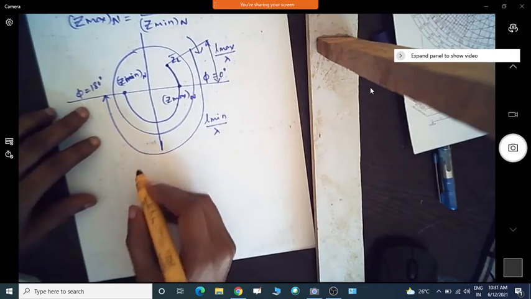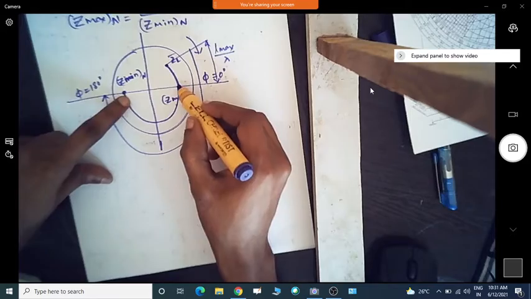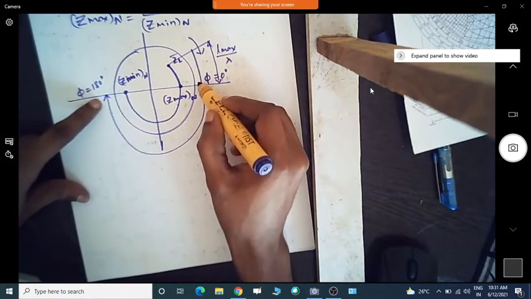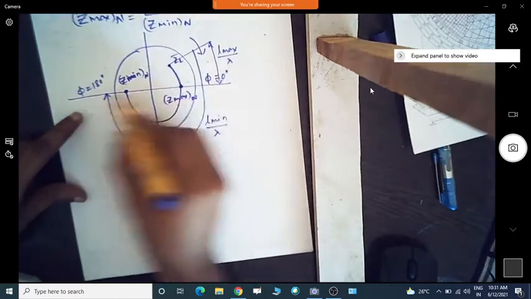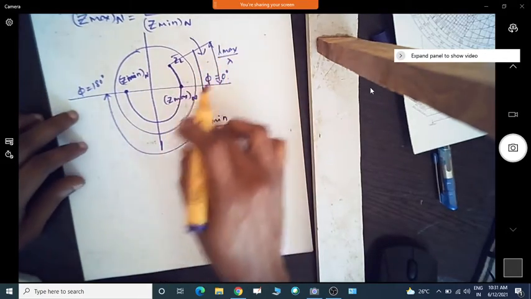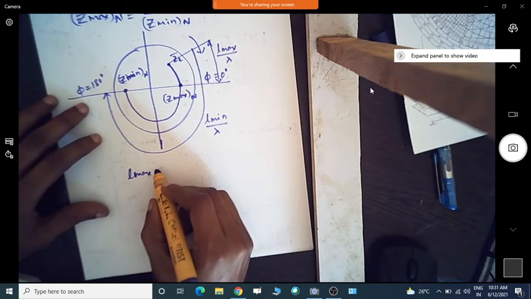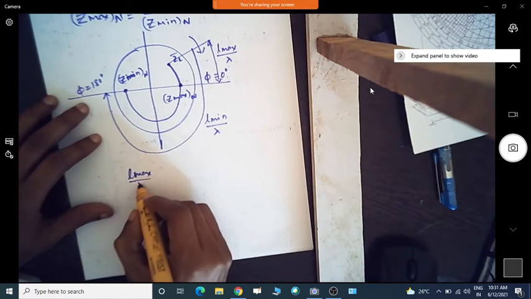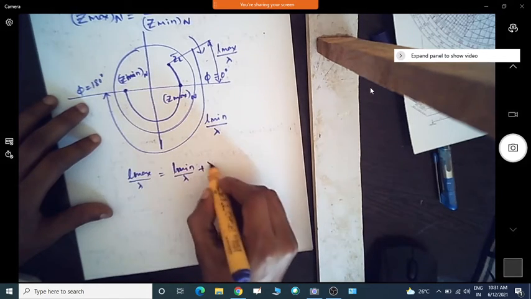Since z max and z min are exactly half of this Smith chart, which is lambda by 4 distance, we can write L max by lambda equals L minimum by lambda plus lambda by 4.